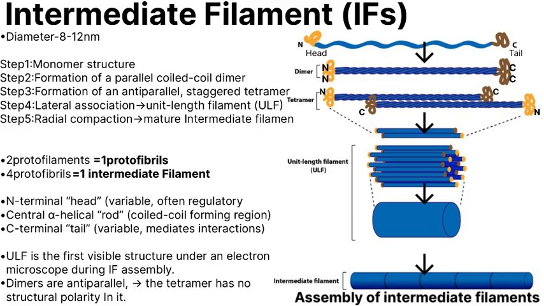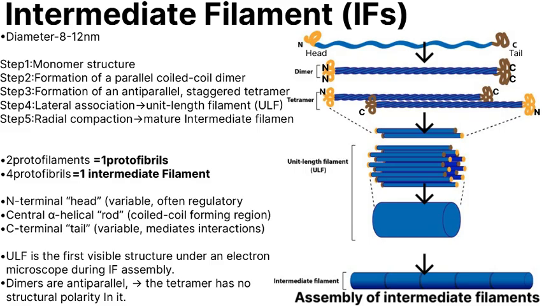And then in step 4, similarly the 4 protofibrils join together to form a short thick unit length filament called the ULF. So the ULF has reached the approximate final filament diameter, but it is still shorter than the mature filament. So we can consider the ULF as the first morphologically visible intermediate filament assembly seen till now in the complete arrangement.